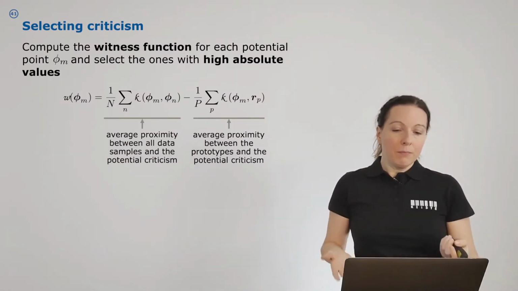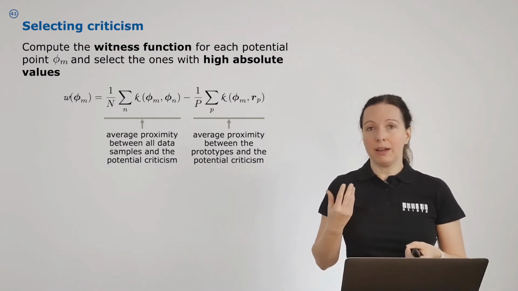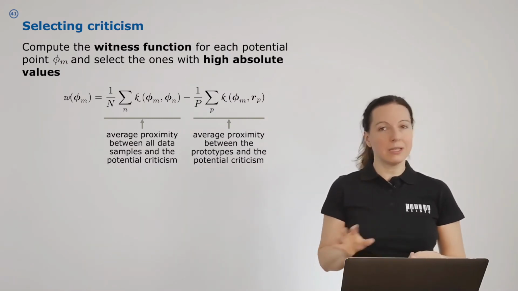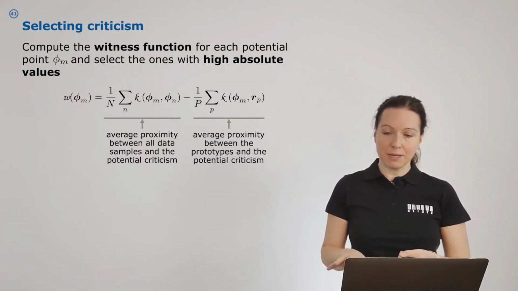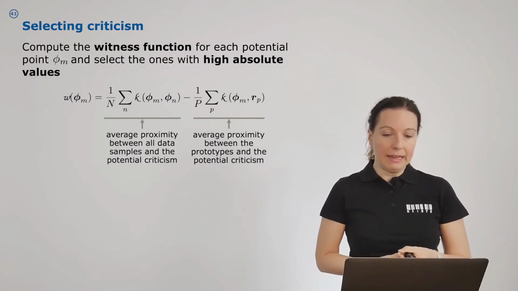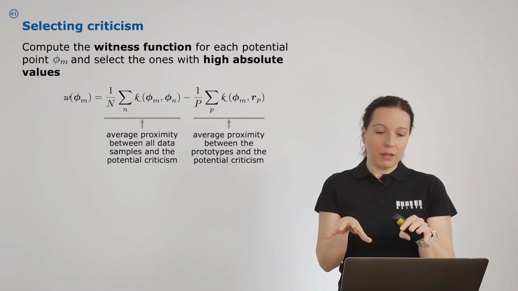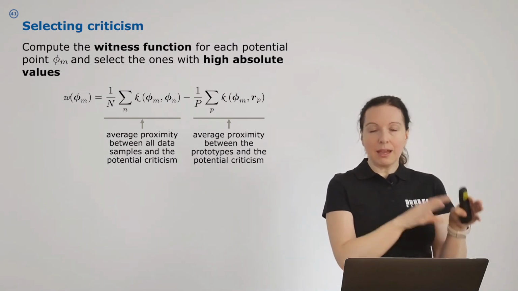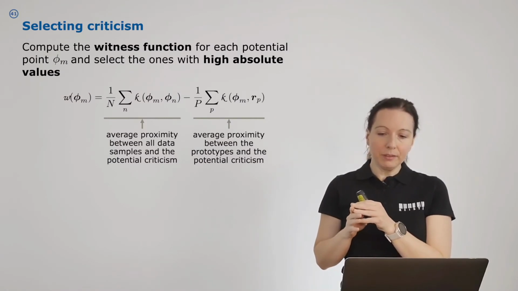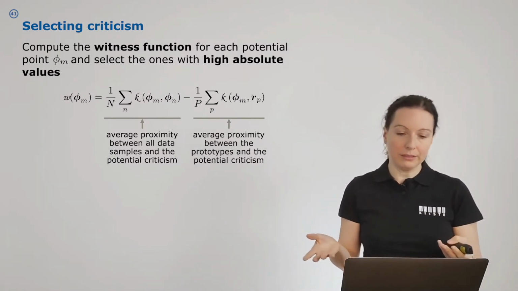Then what is left is a selection of criticism, and for this we define a witness function which tells us how much 2 density estimates differ at a particular point phi m. So we have 2 data sets. We have one set of prototypes and we have the data set. And for both we have a density, since we are working with kernels.